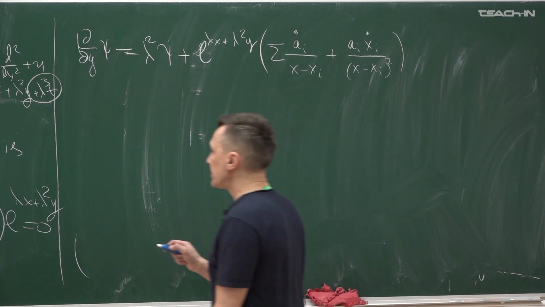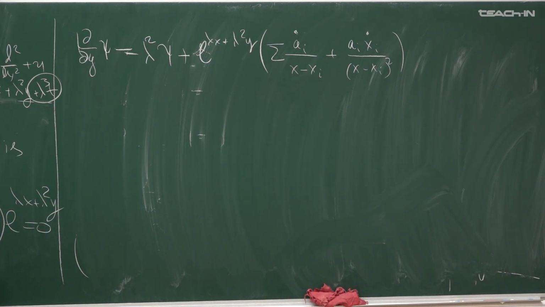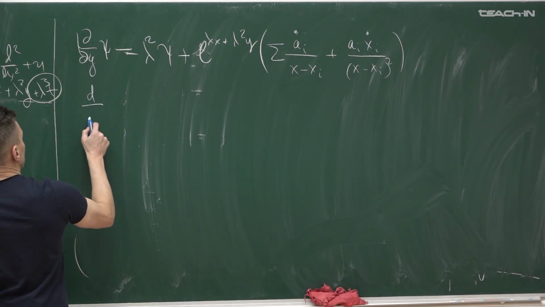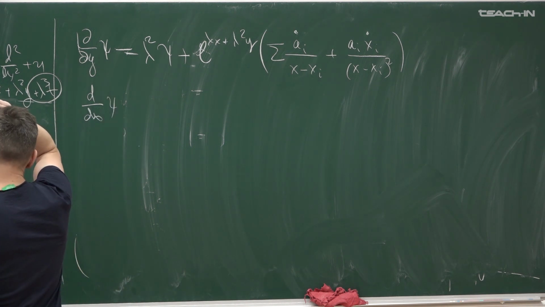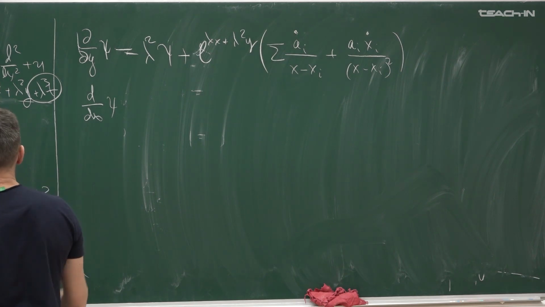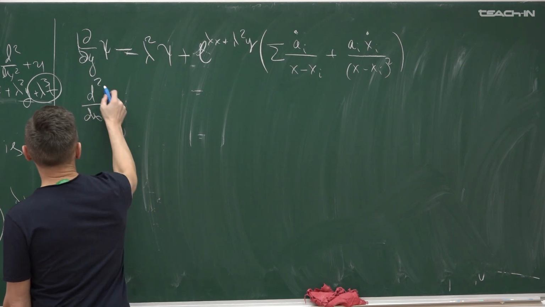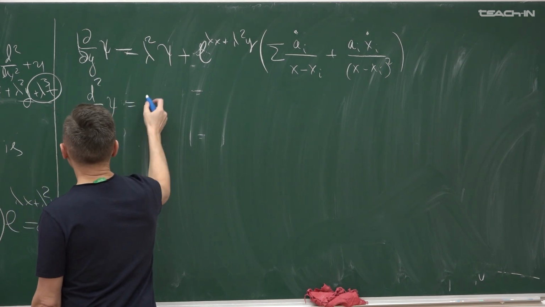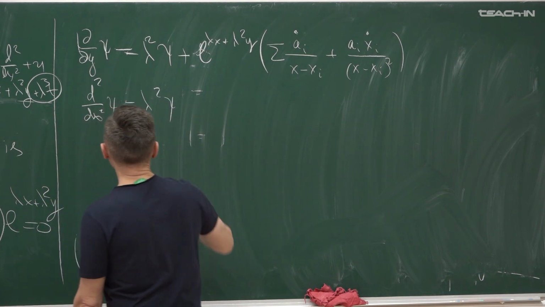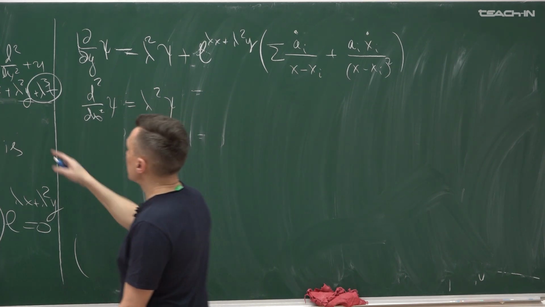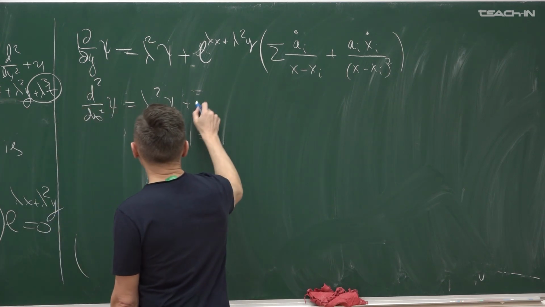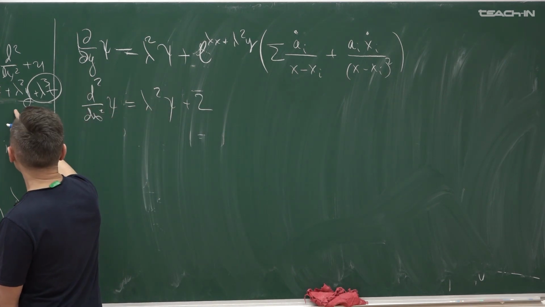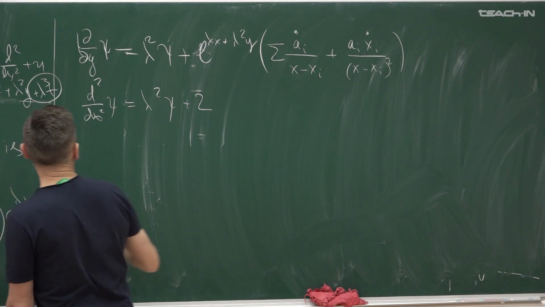Okay. Now I have to calculate the second derivative with respect to x. So it is lambda square psi when I differentiate twice this part; now I have to differentiate one time this part and one time this part.